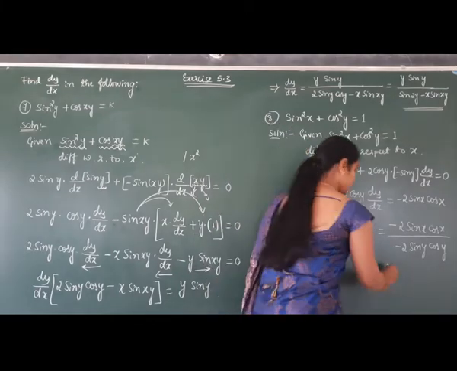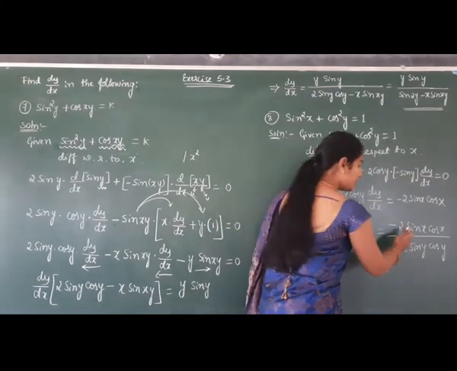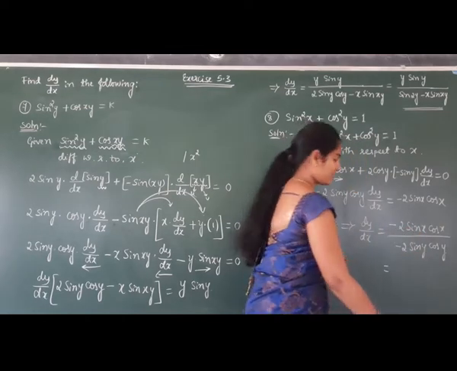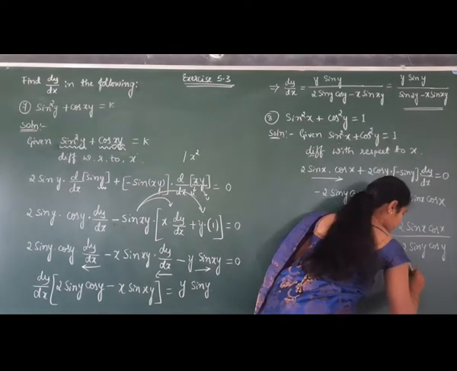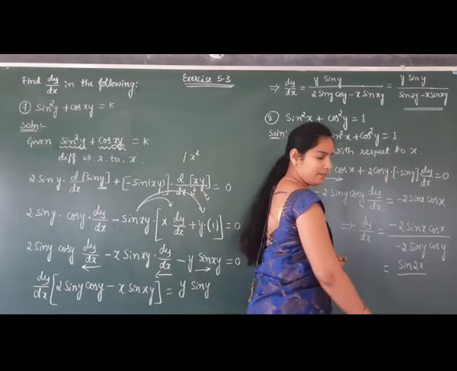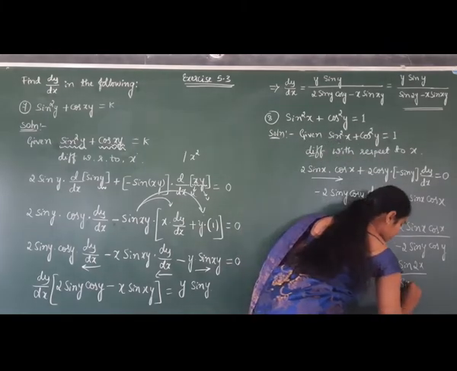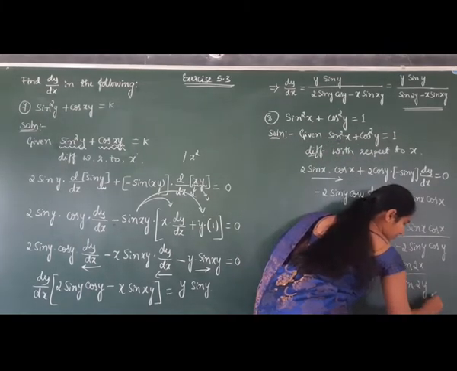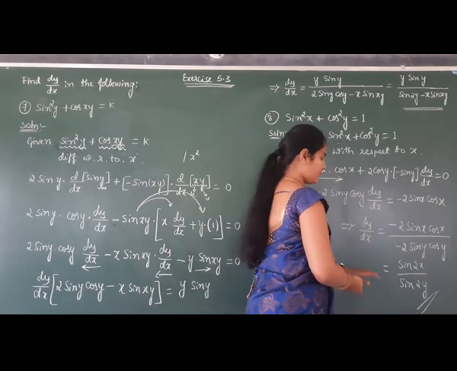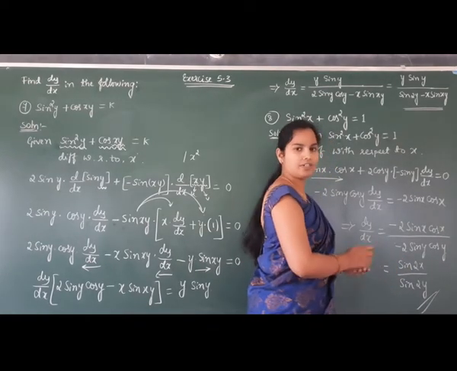Okay, so here minus becomes plus. So then 2 sin x cos x is sin 2x, right? 2 sin x cos x is sin 2x divided by 2 sin y cos y, which is sin 2y. Okay, so this is the derivative of y with respect to x.